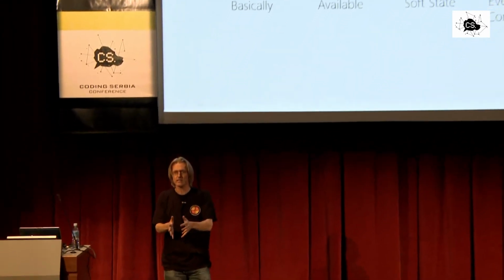On one node, they are great, but across several nodes, the CAP theorem comes into the way. You probably heard about that this morning, the CAP theorem, with consistency, availability, partition tolerance.